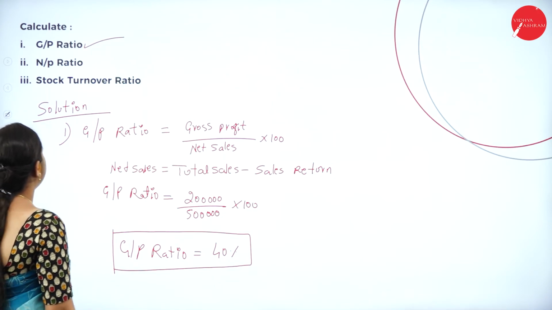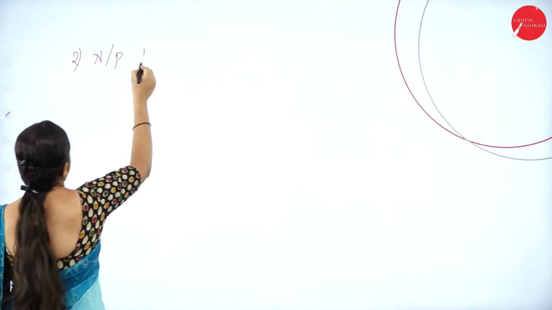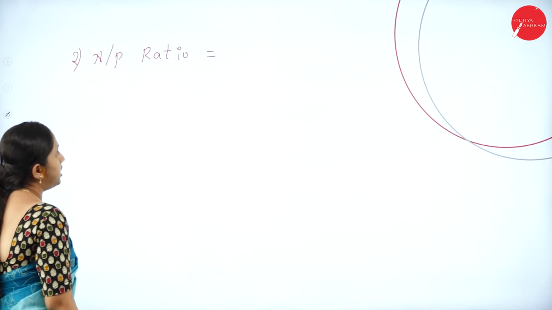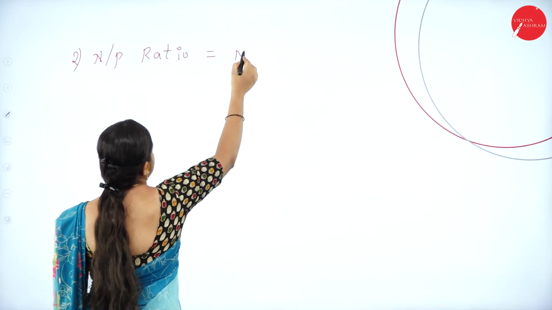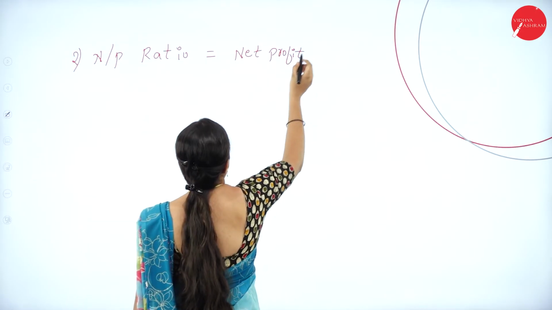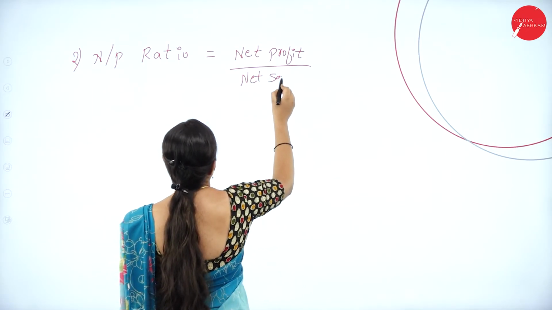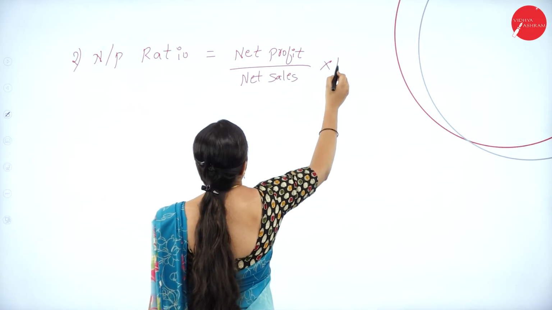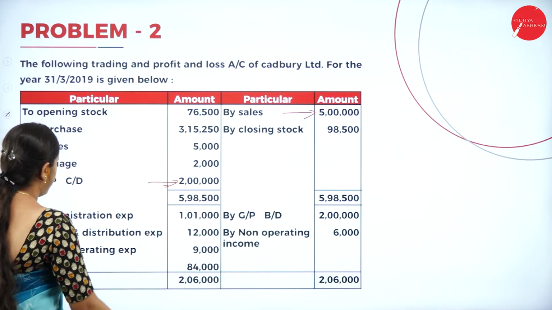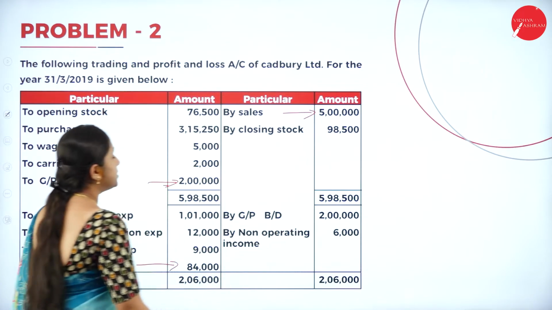Next, net profit ratio. Second one, NP ratio, that is net profit ratio. Net profit ratio is equals to net profit divided by net sales into 100. In this problem, we have net profit of rupees 84,000 and net sales is 5 lakh.